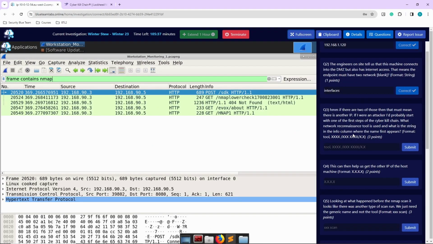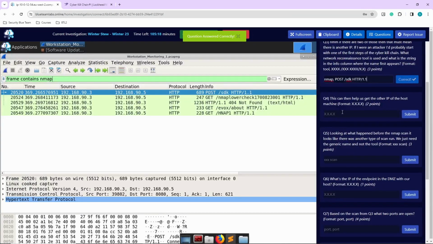So we're looking for the first string. It kind of looks like this, right? Like POST /sdk HTTP. So let's go nmap POST /sdk HTTP/1.1. We got it there. This can then help us get the other IP of the host machine.